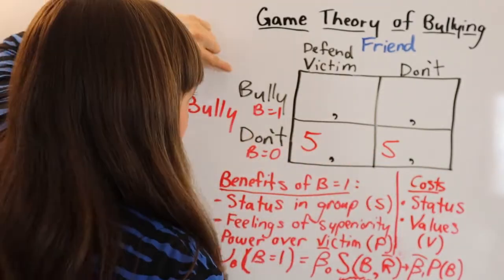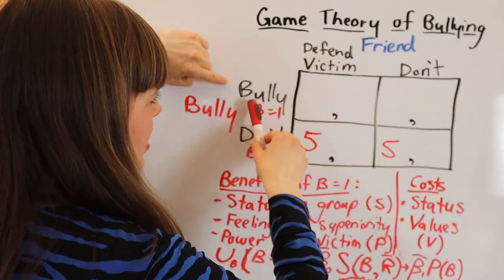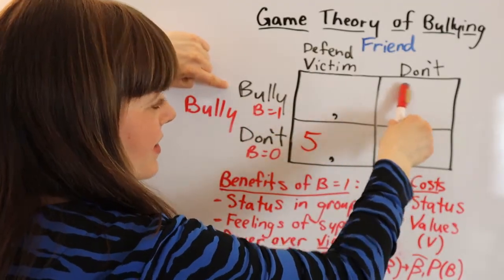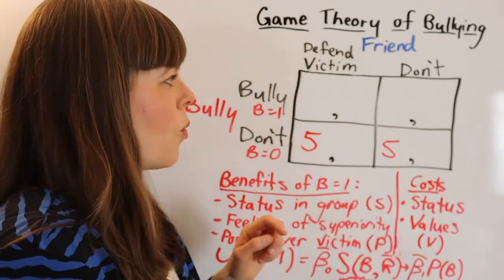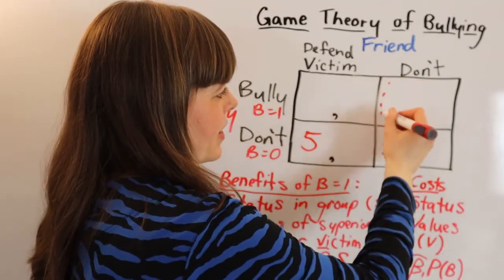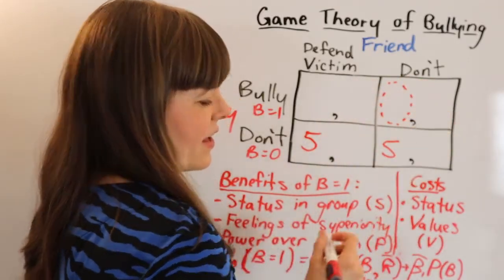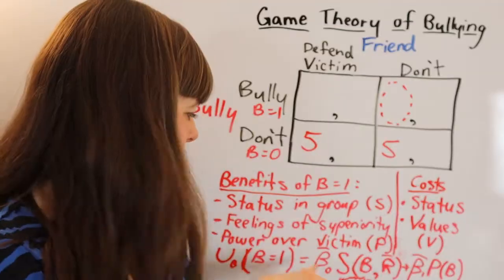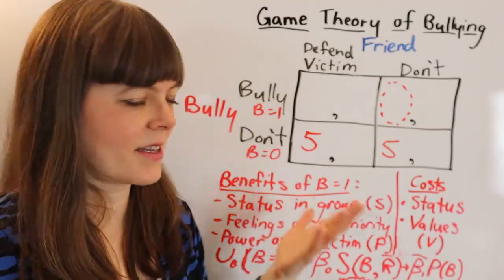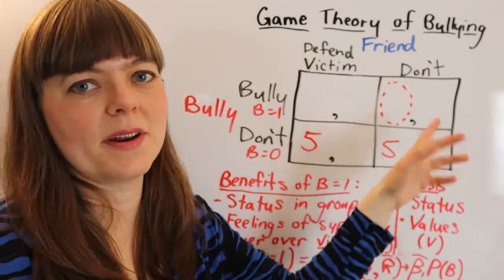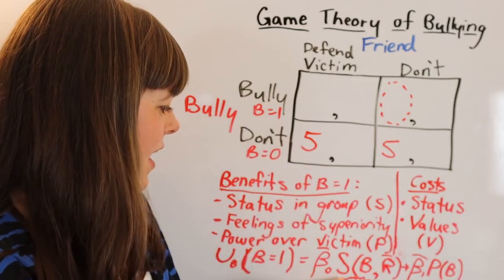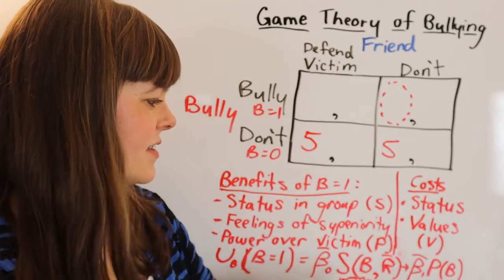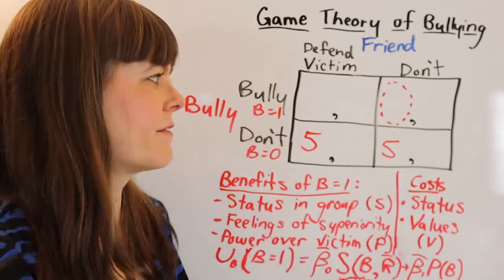Now I need to think about if the bully bullies and nobody stands up for the victim, what kind of utility will the bully get? And in thinking this through, of course, the bully is bullying because they believe that they get some sort of value out of that, hoping that nobody stands up to them. And so they believe their status in the group will go up and their power over the victim will go up.